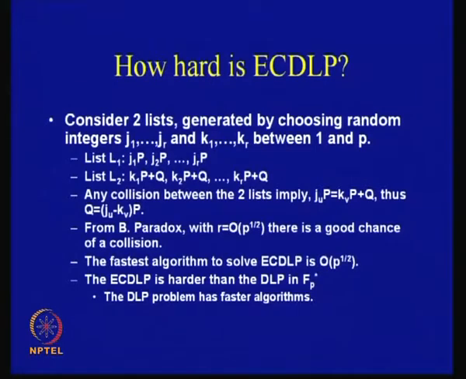For example, if you remember in context to factorization, we discussed algorithms which had a complexity of O(n to the power of 1/4), like Pollard's rho algorithm. They were quite efficient algorithms to find the prime factors of a given composite number. If that problem is solved, then the RSA problem is also solved, right. So, now the question is how hard is the elliptic curve discrete logarithm problem.